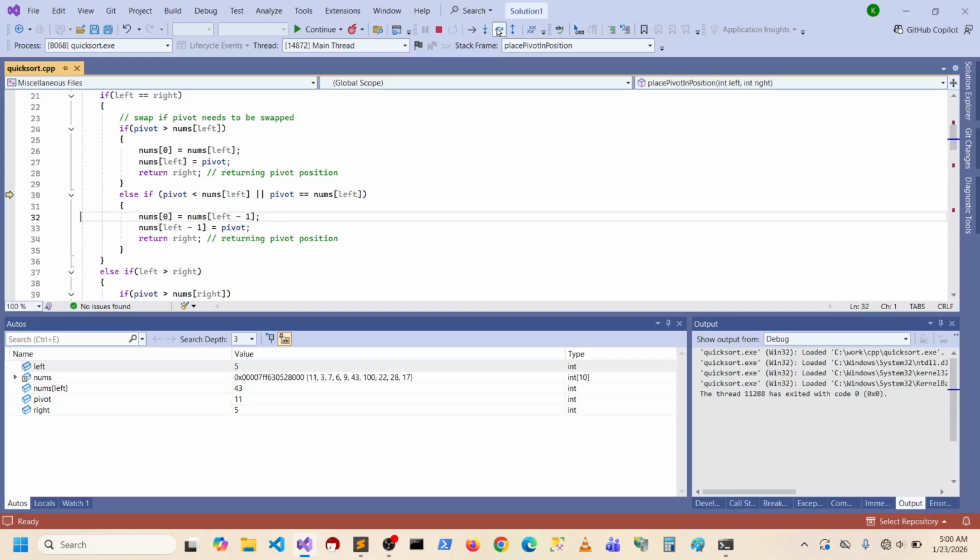So it should do that. So nums[0] equals nums left minus 1. So right here. So it's going to swap 11 with 9. There. And then we return right, which should be index 43.